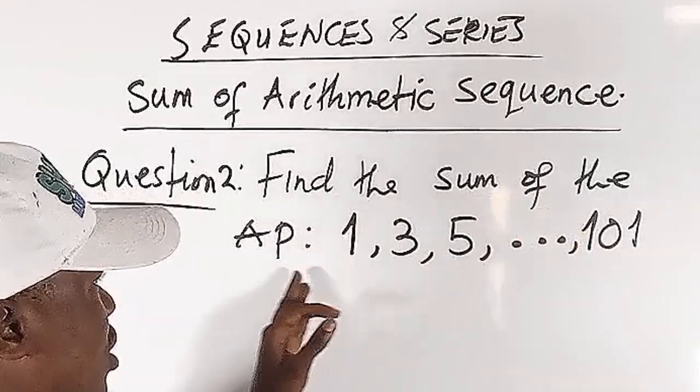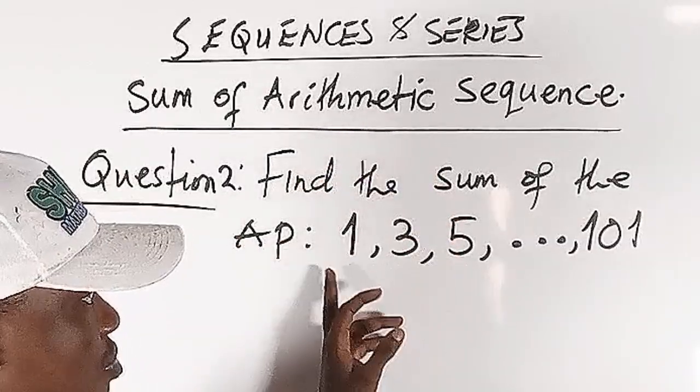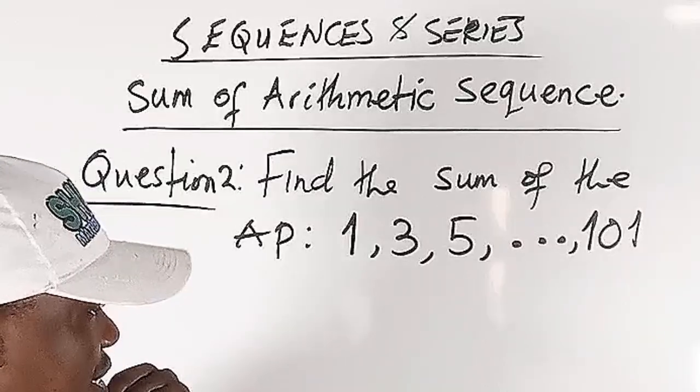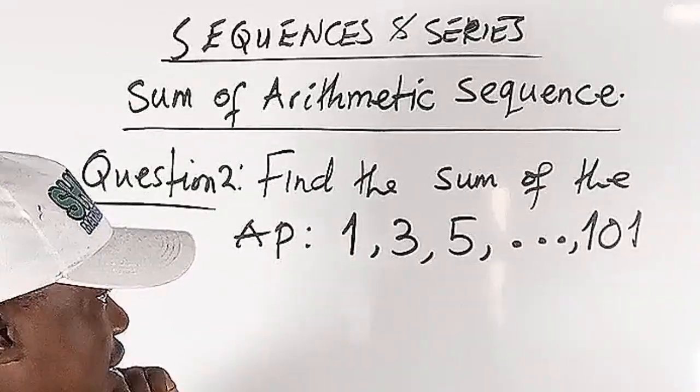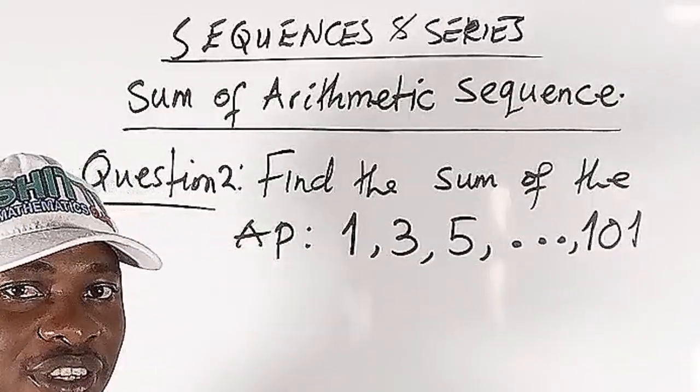Find the sum of the AP, that is arithmetic progression or arithmetic sequence. We have the sequence here, we want to find the sum. But if you look at this, this is unlike the first example. A is given here to be 1, and the last term is also given.